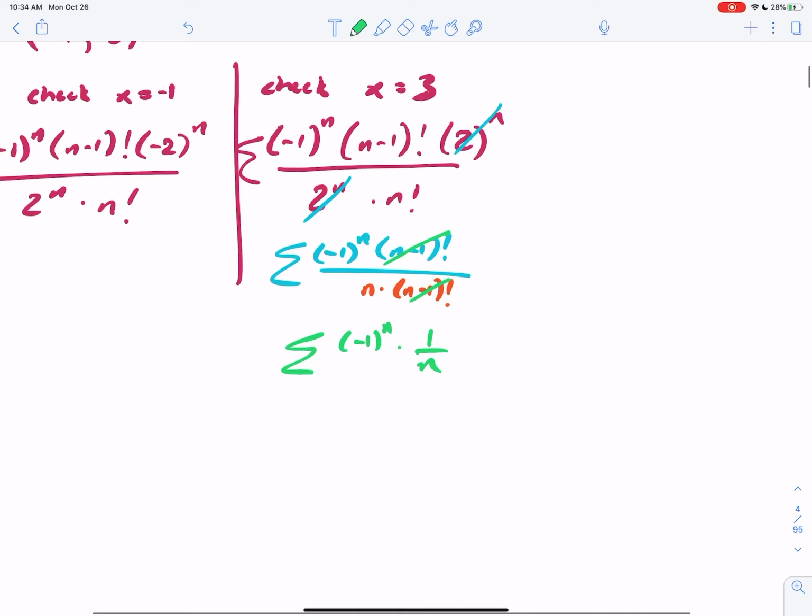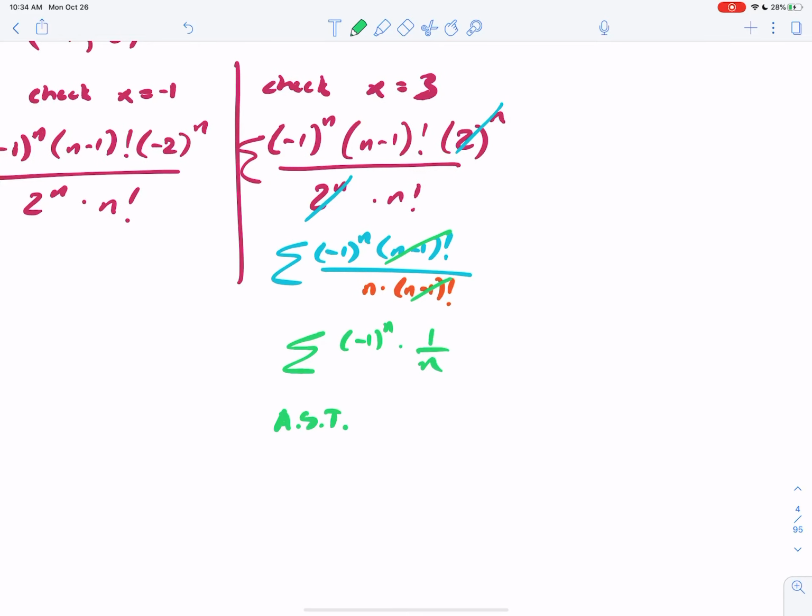So you're going to run your test based on what you see here. Some people would probably use the alternating series test because there's an alternating part here. So you could either use the alternating series test or recognize that this is an alternating harmonic. Okay? But either test you run, you should be able to conclude that this will converge.